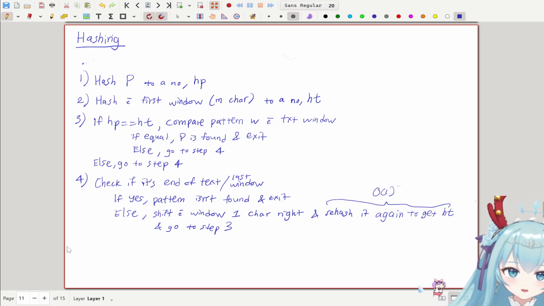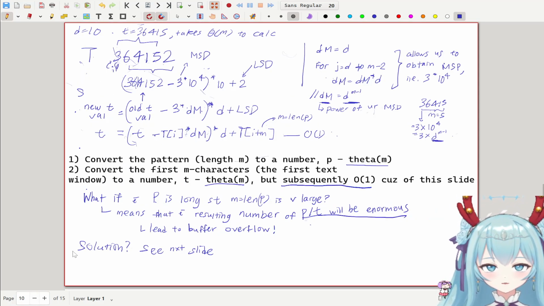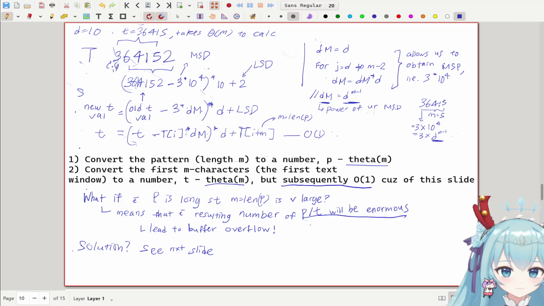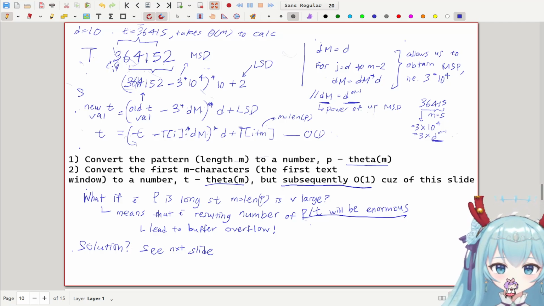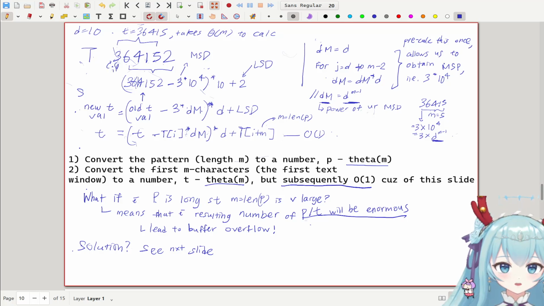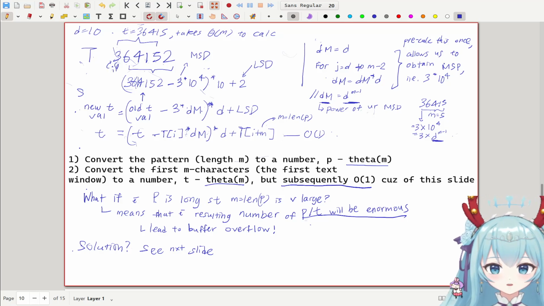And one thing I forgot to mention was that, remember how in the previous slide I mentioned this algo to calculate the power of our most significant digit, d to the power of n minus 1. We calculate this once, because we'll be raising it many times later on.